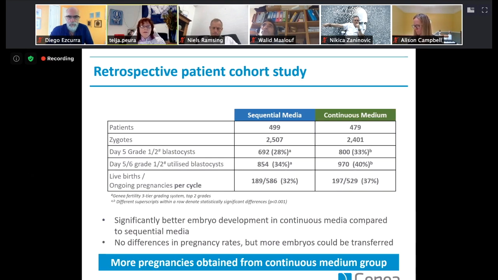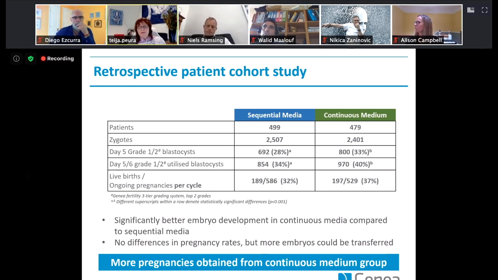And I'm showing here only the results of the retrospective patient cohort study because largely the results of the prospective study were very similar. The only difference was that in the prospective study, although there was a trend towards a higher number of top blastocysts, the difference was not statistically significant.